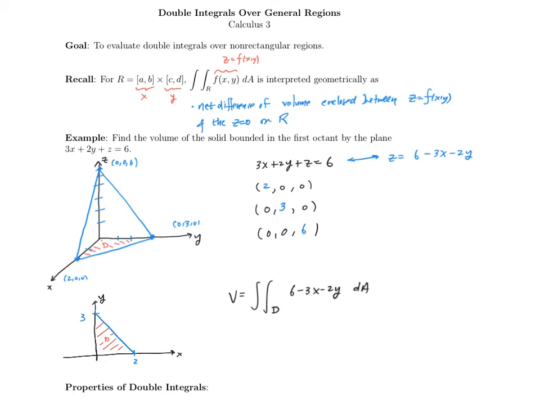And the observation that we need to make is, how do we go from that region D to setting up the limits of integration for our double integral? So the big question is, how do we set this up? And it turns out that's the major topic of this new section. This would be considered a general region, which is really anything that is not rectangular.